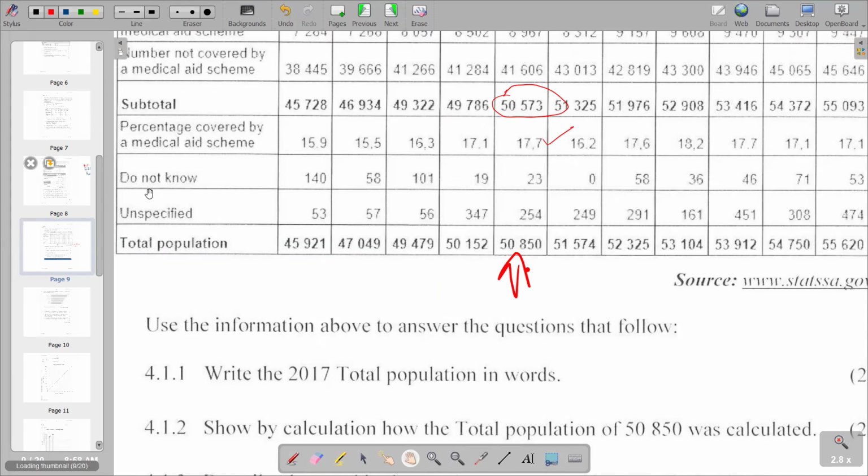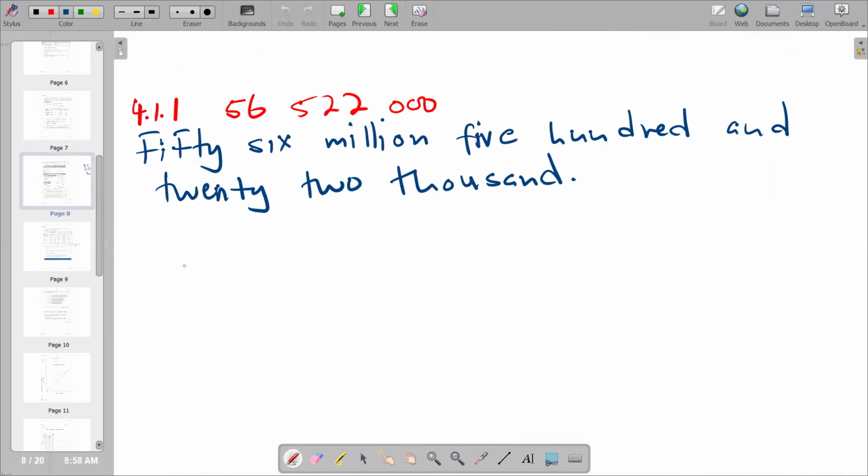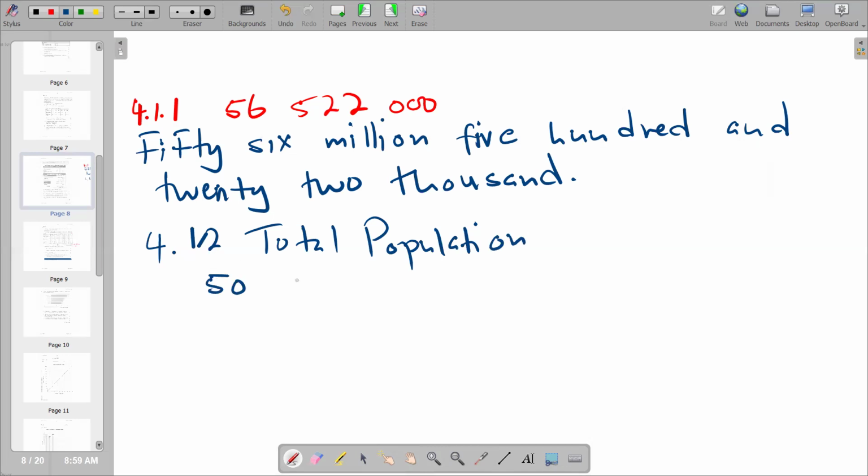So we are saying 1.2, and we are calculating total. Total population, whereby we are going to say 50,000 about 73.